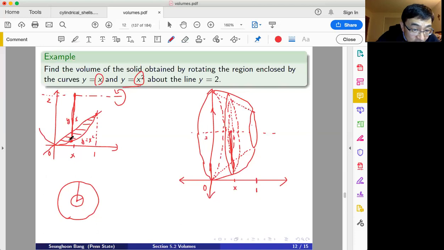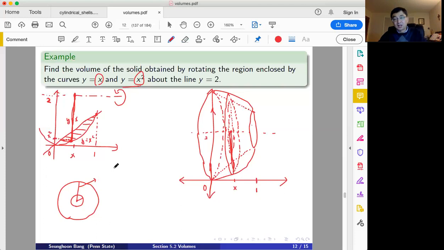So what's that? This is the function value, this is x squared. What is this length, from here to here? What's the length of the outer radius? Could you write your answer? What is this outer radius?